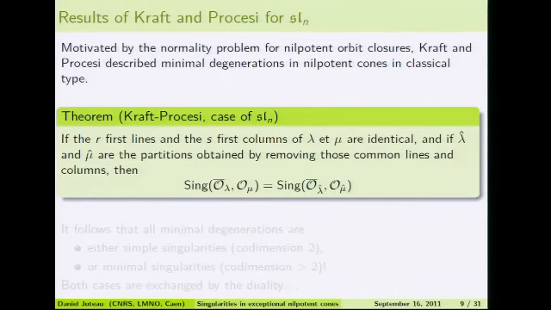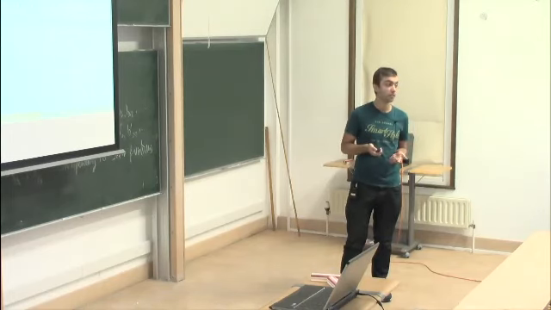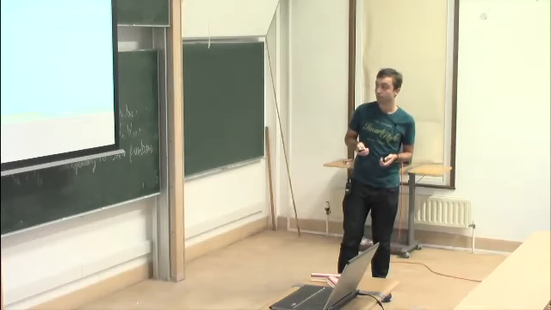This is a general result for any two partitions. But if you want to look at minimal degenerations, you can say what they are. You just move one box, either horizontally or vertically. After removing all the common rows and columns, you get to the two extreme cases that we already understood.